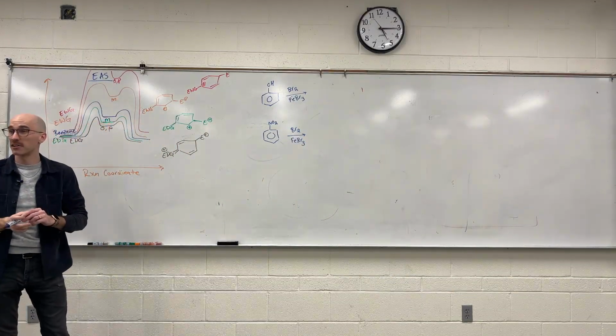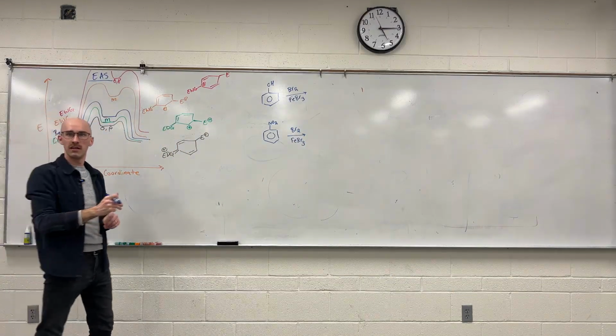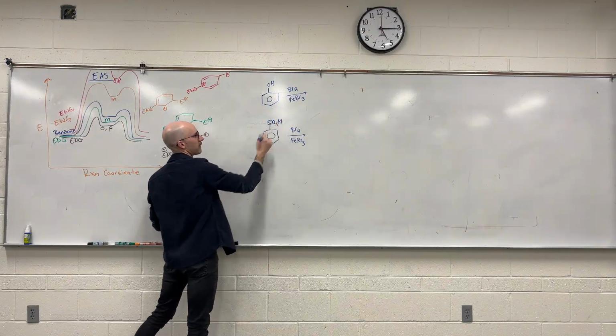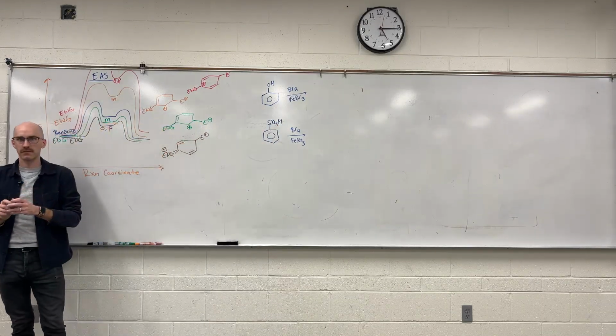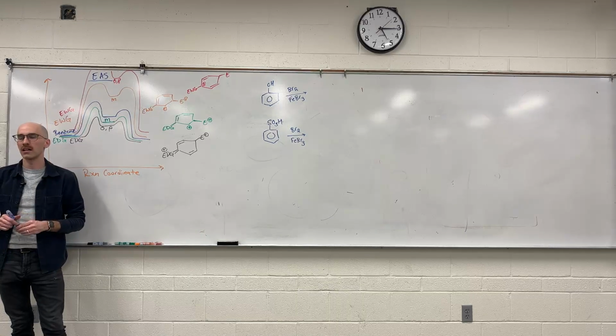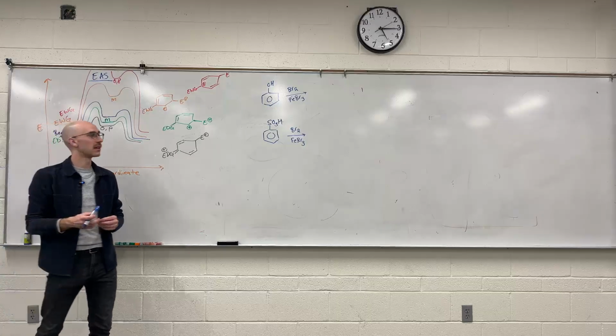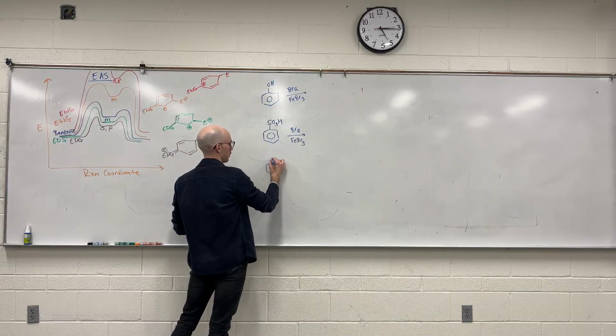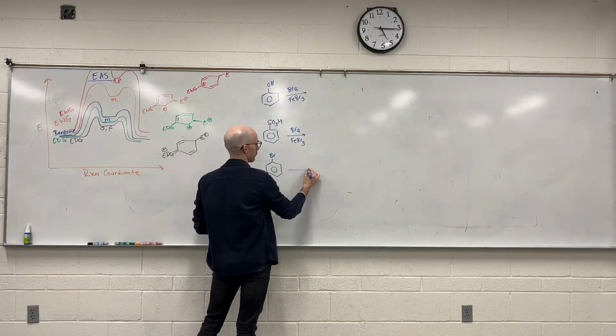Can I change that from nitro? Can I make it sulfonyl? Sulfonyl benzene. Thank you. In terms of substituent type, these are all the same. Let's add one more to the comparison. And let's add bromobenzene going through bromination.